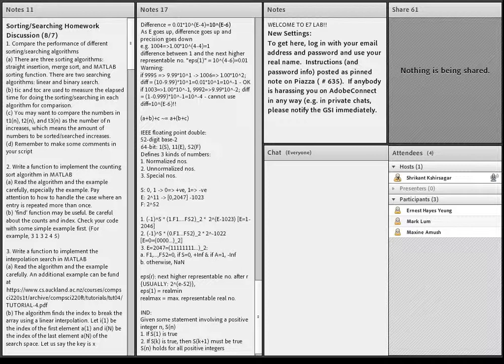You have to verify S of 1 is true, and then if S of k is true, then S of k plus 1 must be true. The key place where people make a mistake is after verifying S of 1 is true and showing that S of k implies S of k plus 1.